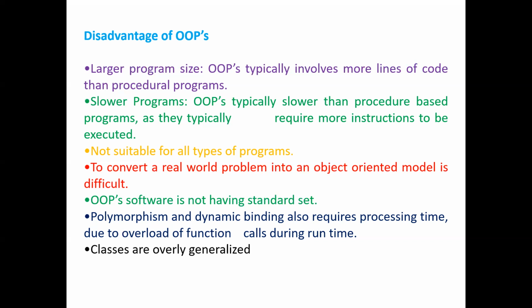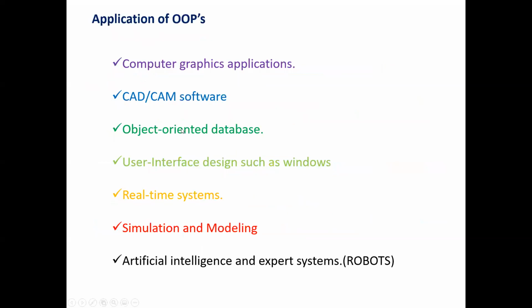Then, after knowing the advantages and disadvantages, now we move to the next heading called applications of OOP. As you are all now familiar, this chapter number 6 is very important for 2 marks and 5 marks questions. Especially the advantages and disadvantages are important for extra questions.